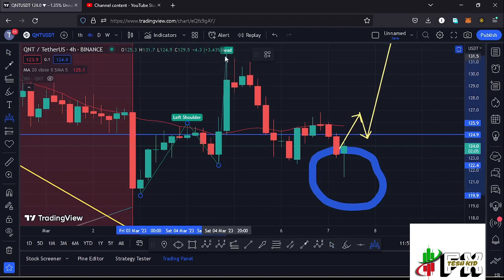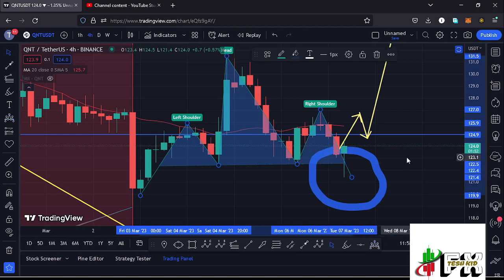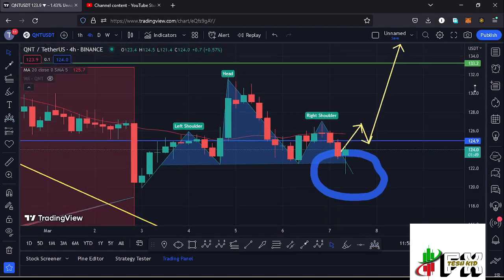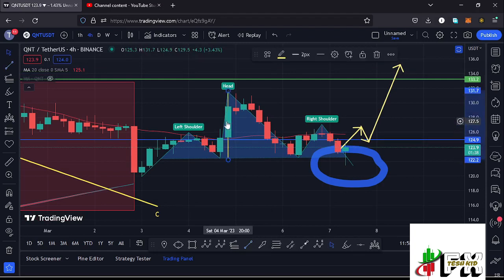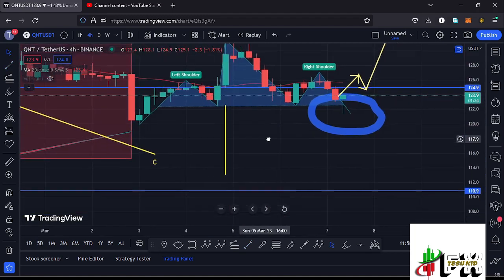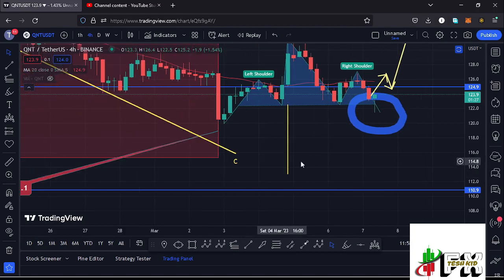Then we have seen the formation of the head, then the neckline, then the right shoulder is right here, and there are chances that in case this chart pattern is obeyed, it could give us a breakout to the lower side, with the minimum target area of the breakout given by the height between the head and the neckline. We can get that height and place it below the neckline, and that gives me a minimum target area back to the area at around the $113 mark, and that is the worst case scenario that we can expect here on the Quant chart.